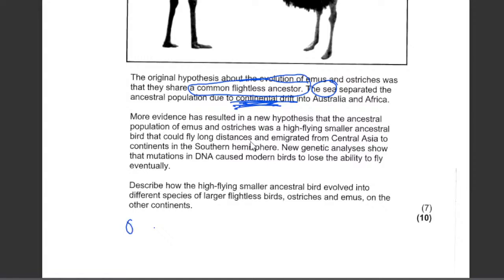So meaning that at one time there was one large mass with a common flightless ancestor. You understand? Or this flightless ancestor lived on one big mass at the beginning, and the mass was divided into Australia and Africa, due to continental drift.